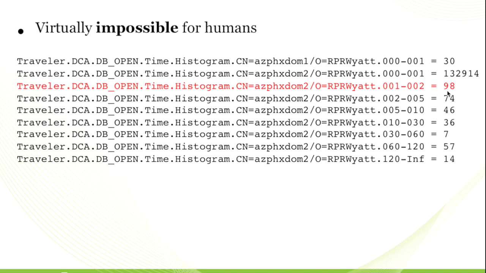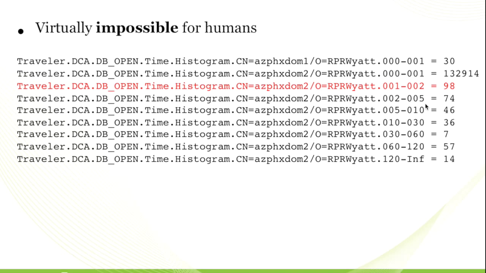The line in red here is the one that I'm talking about. I think it is virtually impossible for humans to make sense of, but I'll try to explain it for you. Since the Traveler server has started, it has done 98 device syncs with the mail server DOM2, which took between 1 and 2 seconds.